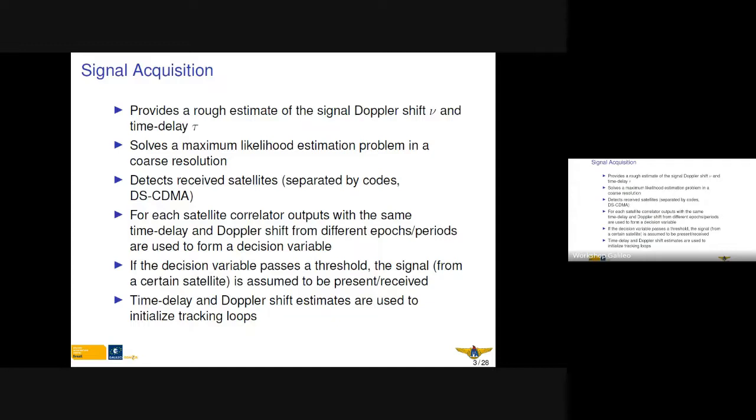So this is the detection problem. We will detect whether this decision variable is above a certain threshold, and then we will say that the satellite is received with the parameter estimates time delay and Doppler, or not when this decision variable is below this threshold. Time delay and Doppler shift estimates are then used to initialize afterwards the tracking loops.